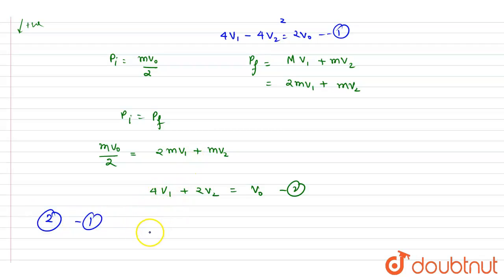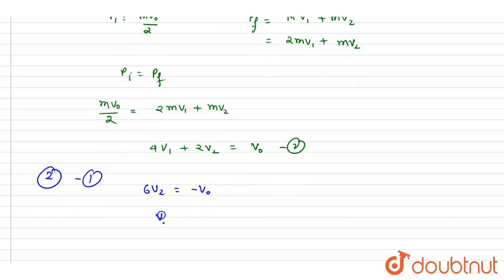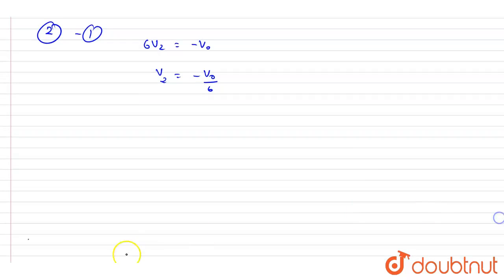So 4v1 will get cancelled out and you will write down 6v2 is equal to v0 minus 2v0, so v2 is v0 by 6 with a negative sign, right? Now minus v0 by 6.